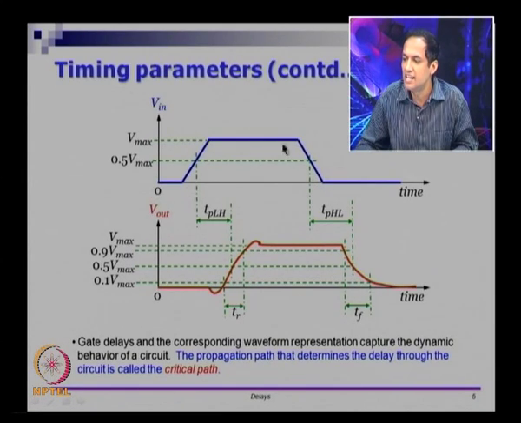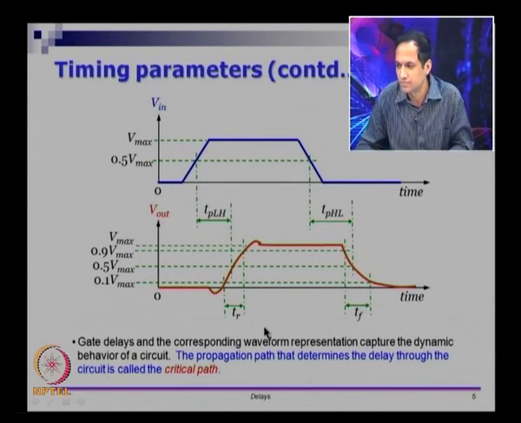So, this signal is usually an ideal signal. However, you may have a waveform which is somewhat like this. This is what you may see in a real circuit. It may not even be a nice trapezoidal structure like this. You may see things which are slightly different.